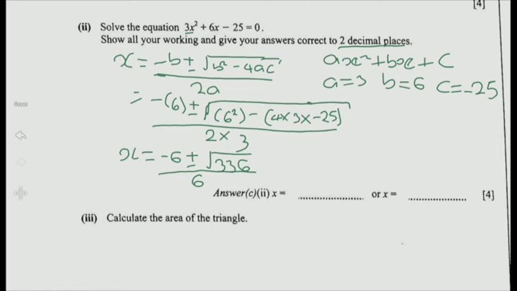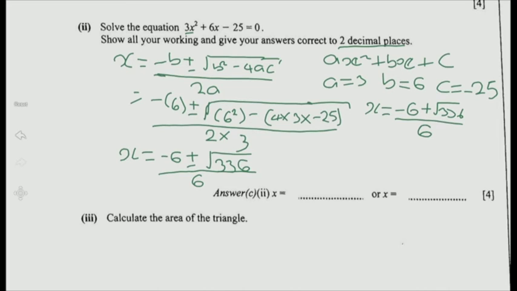Then your 2 roots, use the positive and the negative. So your first root is x equal to negative 6 plus the square root of 336, over 6.